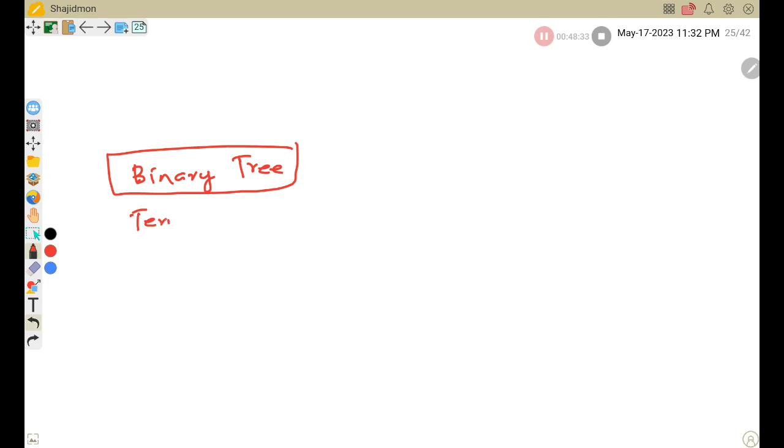So what is the meaning of this point? This is only possible for a binary tree. What is the condition telling? The number of terminal vertices is equal to T, and the height is equal to h.